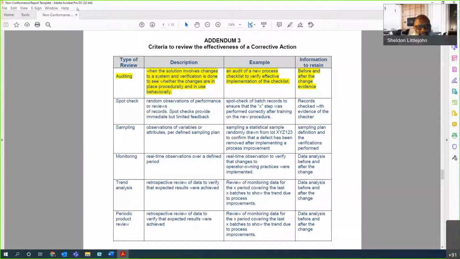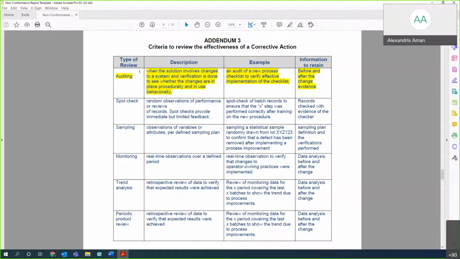It's about some verifications that I do. I did this for a corrective action, and this is the criteria where we now select one of these types for the verification of effectiveness, to review the effectiveness of a corrective action. It can be auditing, spot check, sampling, monitoring, trend analysis, or periodic product review. So these are some methods.